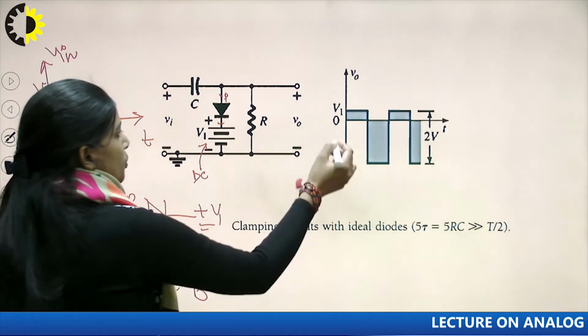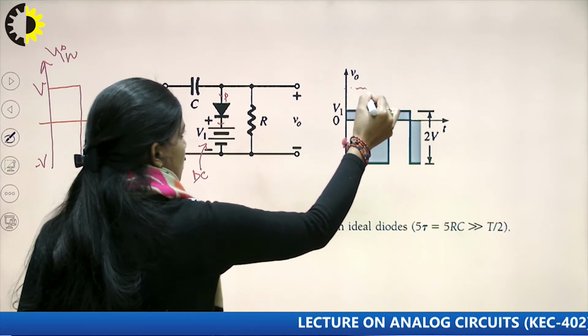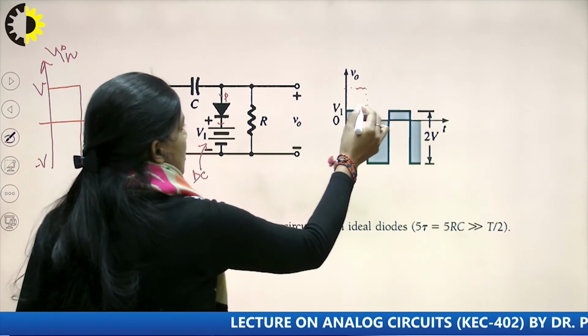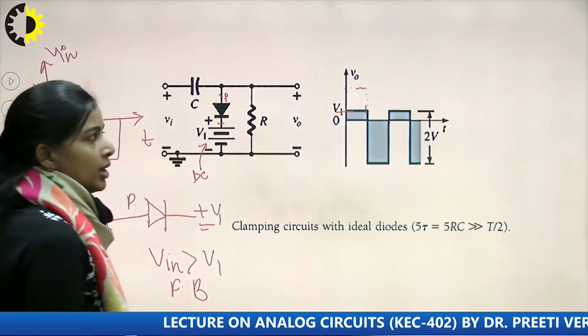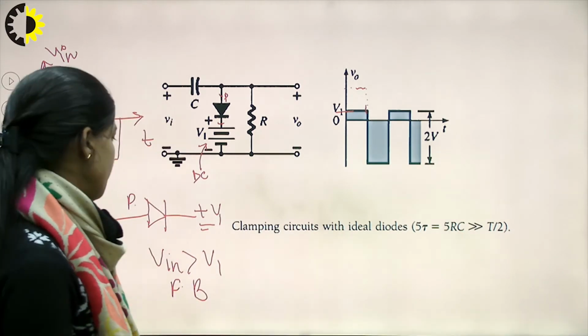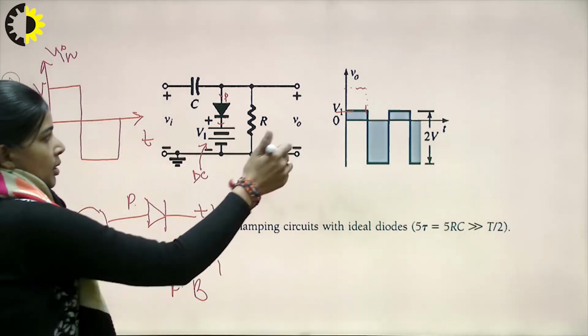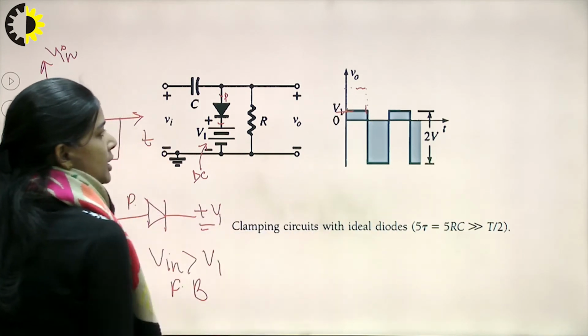So, here in the output we can see, if I plot the input also, up to this level the value of V in is less than V1, and V in is greater than V1 beyond this point.